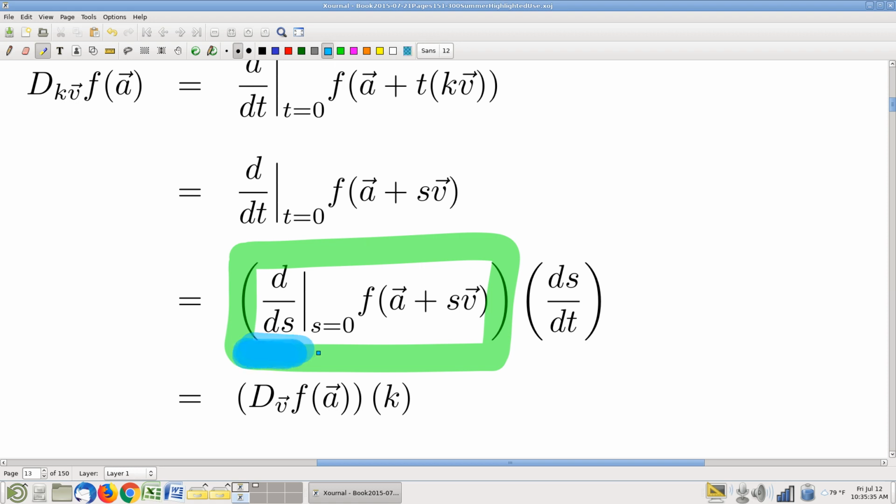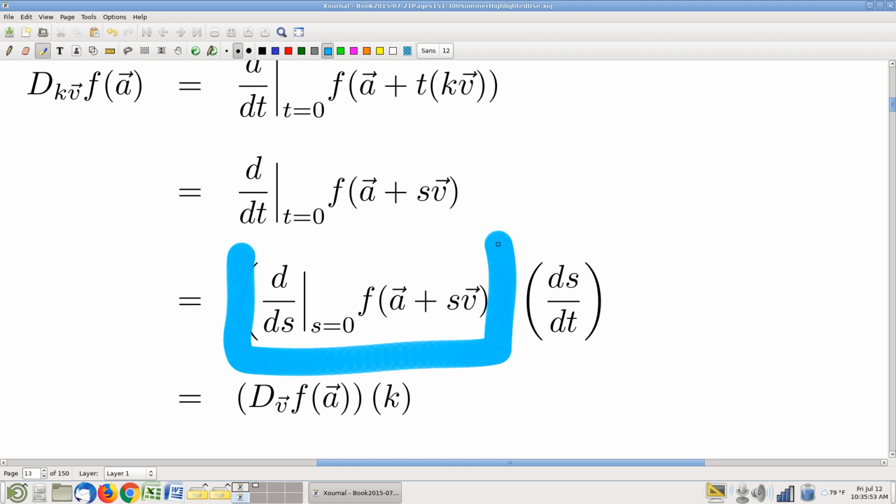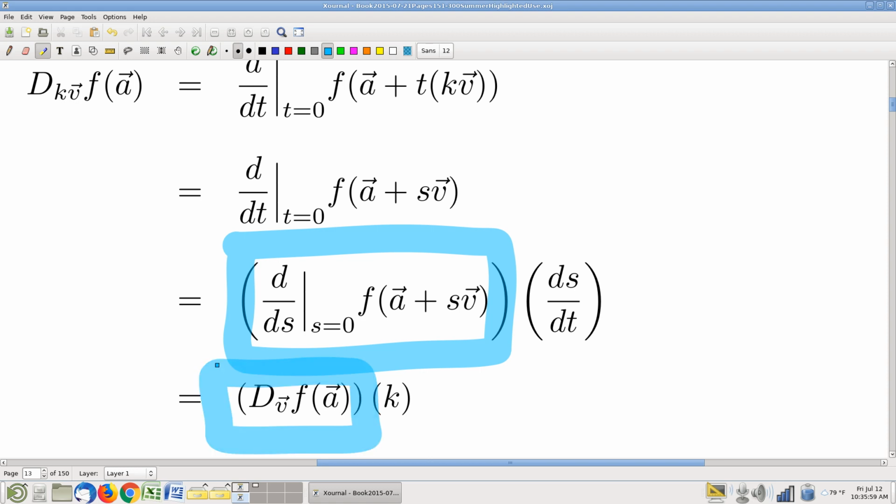It's a derivative where we look at the output values where the inputs are following an input parametric curve. Oh my gosh, that's very familiar. We are in fact taking a derivative with respect to that same parameter at the moment where s is equal to 0. This is a directional derivative. This is straight out of the book definition of the directional derivative, where the velocity vector is v.